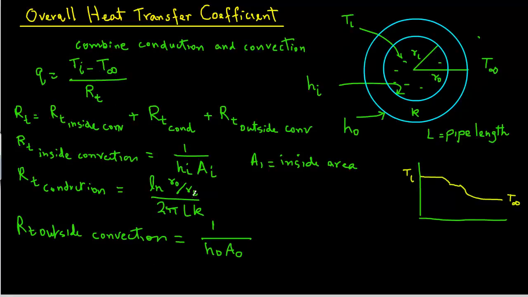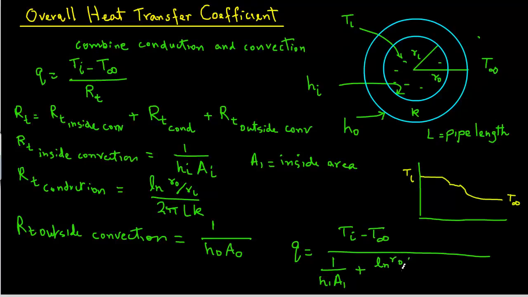Now if we substitute all these different R values into our earlier equation, we have Q equals Ti minus T infinity divided by 1 over HiAi plus natural log of Ro over Ri divided by 2 pi Lk plus 1 over HoAo.